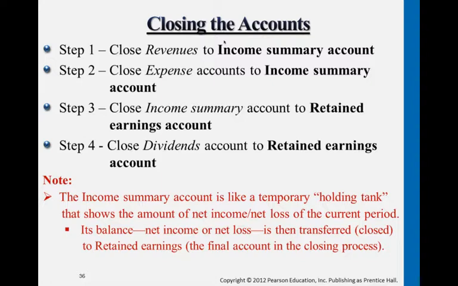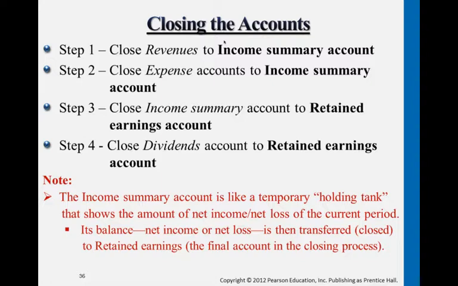In terms of closing expenses, let's assume that there were $2,000 in total, and for simplicity, there's only one expense. So if we were to make this account zero, we'll be posting something to the opposite side. Credit all the expenses, exactly the same amount, and transfer this to income summary, $2,000 here.